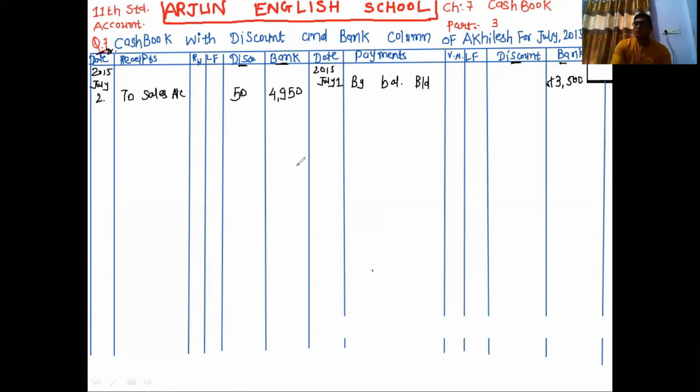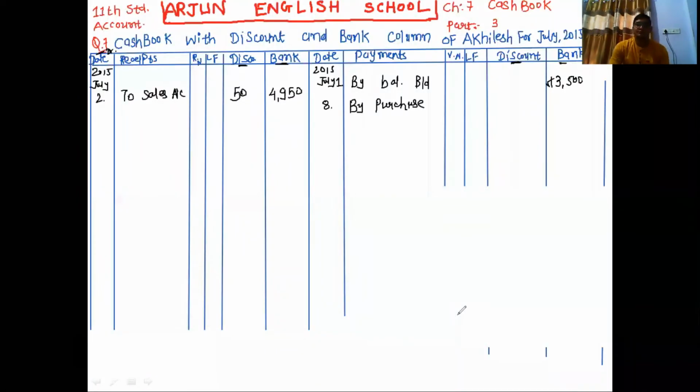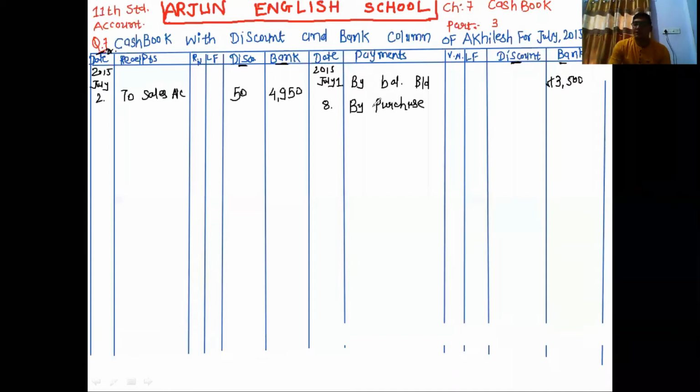Eighth, goods of 6,000 purchase. Here we purchase the goods, so cash goes out. So on date number 8 we have to write down on the credit side by purchase.